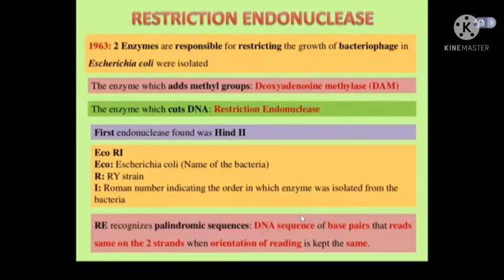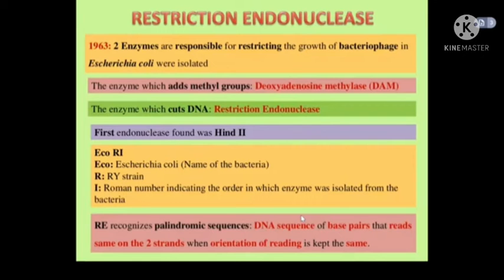So what is this tool? Number one, restriction endonuclease. It is responsible for restricting the growth of the bacteriophage in E. coli where it is extracted.